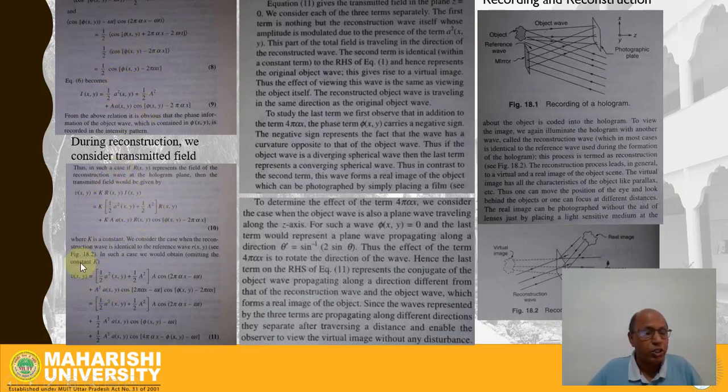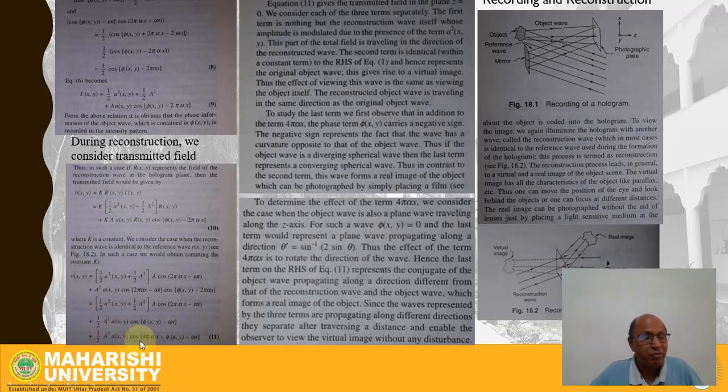So, this transmitted field will have three major components: the first one this component, the second one this component, and the third one this component. If you look at this carefully, you will find that the first term represents one particular type of term where the amplitudes of the first and second wave are involved. Then the second term considers only the amplitude of the reference wave, right?